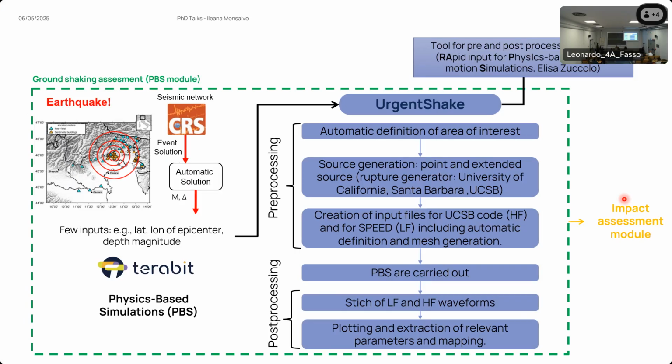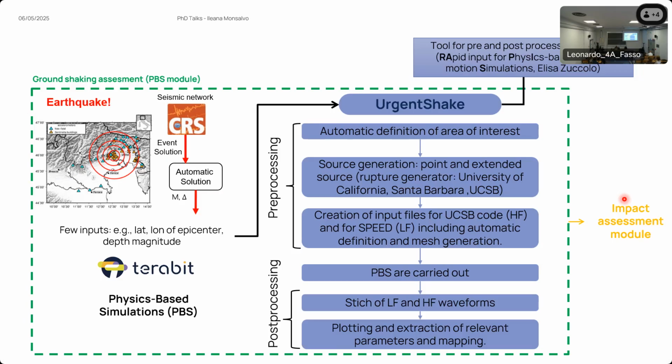And in order to obtain a waveform that also includes accurate high frequency components, there is another code used by this workflow. That is a 1D code. It works with stochastic methods in order to provide the high frequency components of the waveforms for the simulation.